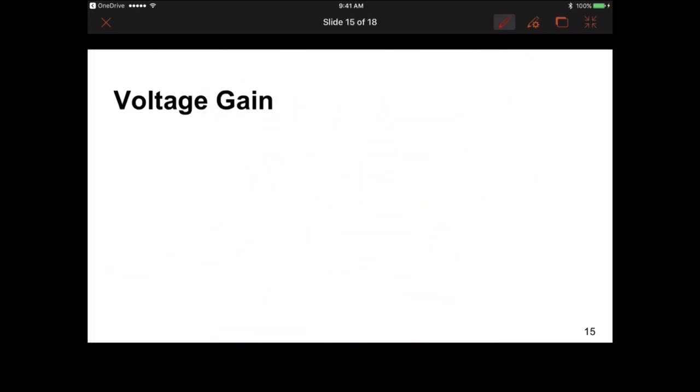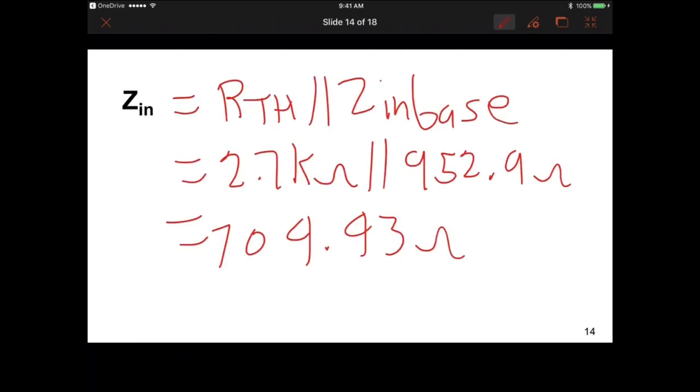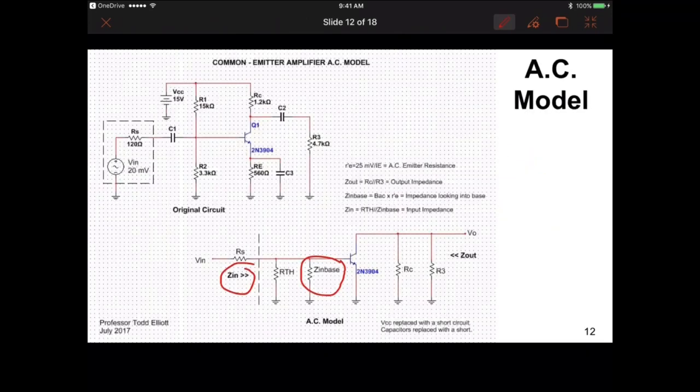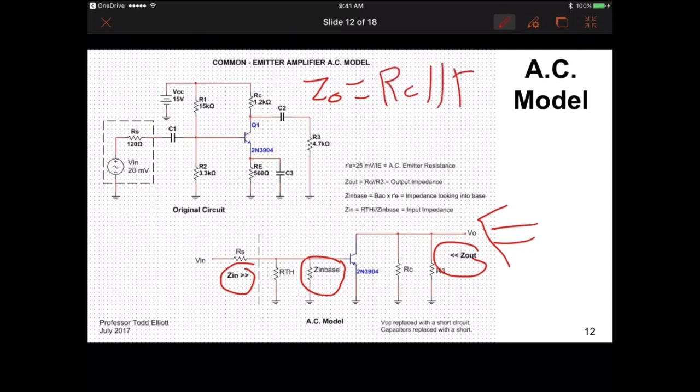Okay. In order to calculate the voltage gain, we need to calculate the output impedance. That's looking back into the collector. So Z out is simply RC in parallel with RL, which in this case is R3.